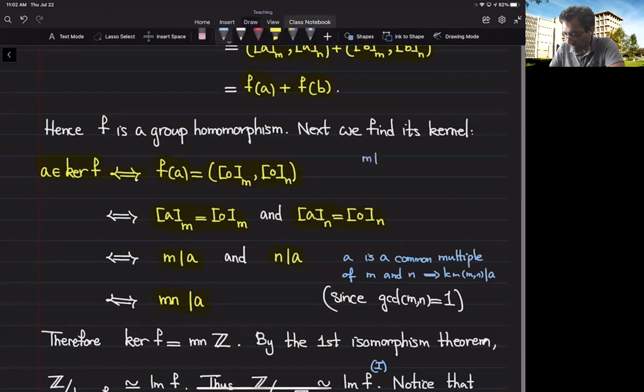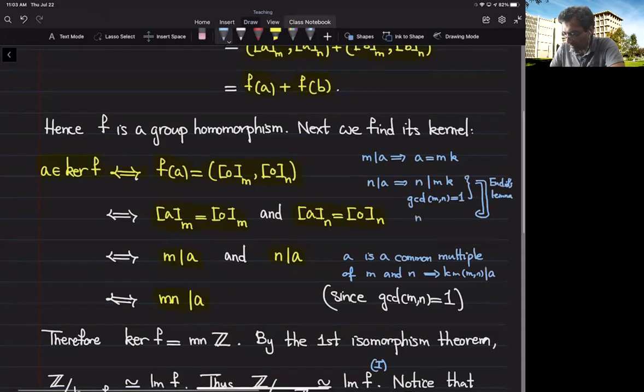Since m divides a, we deduce that a is m times k for some integer k. Now, because n divides a, we deduce that n divides mk. Now remember, the GCD of m and n is 1, and therefore, by Euclid's lemma, n divides k.